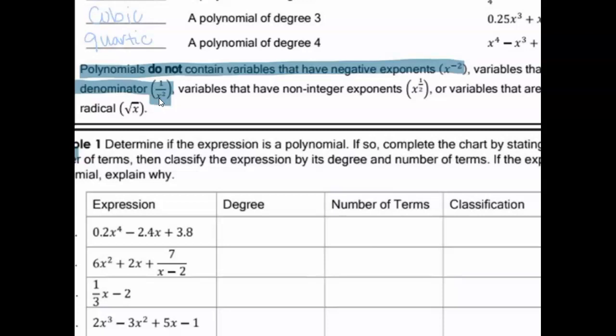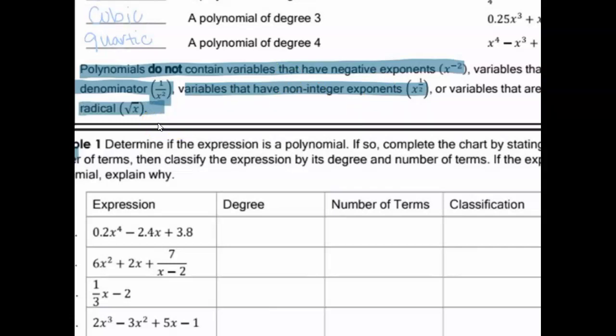It's considered a rational. Also, variables that have non-integer exponents, for example, x to the 1/2. So if it's raised to a non-integer value, not just a 1, 2, or 3, no whole numbers, you get fractional values, it's also not a polynomial. And anything that's underneath a radical is also not a polynomial.